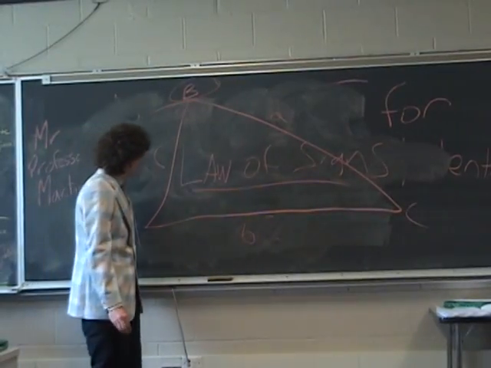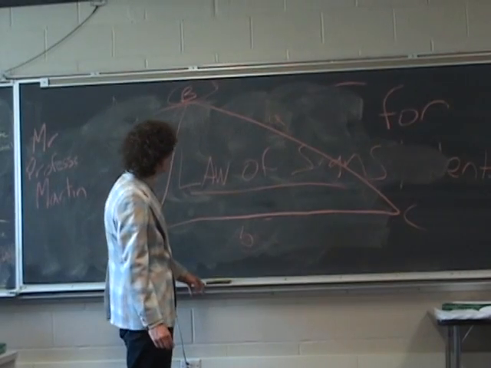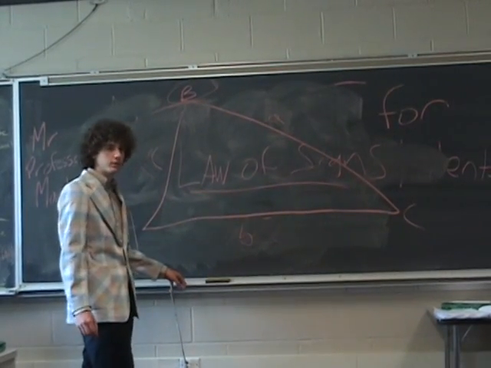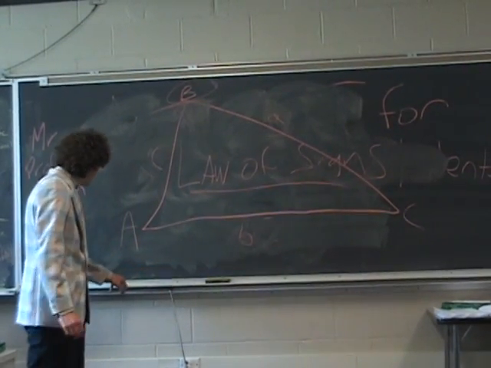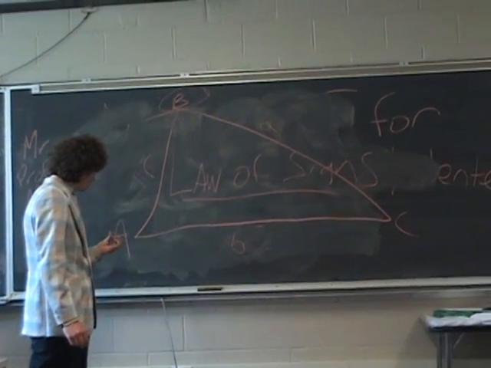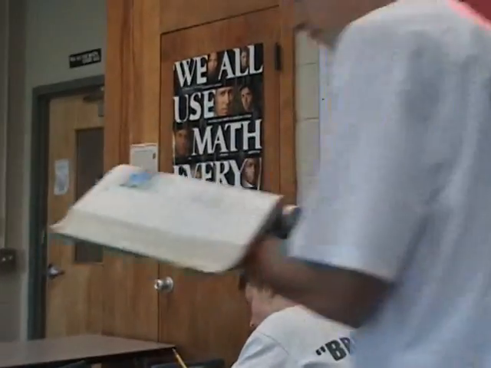Okay, because I'm not sure exactly the logistics of the law of sines, Nate, why don't you come up to the board and make up a problem and solve it for the rest of the class, and I'm just going to take a seat.